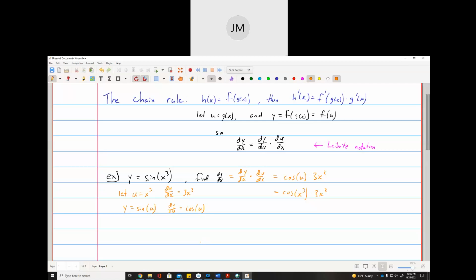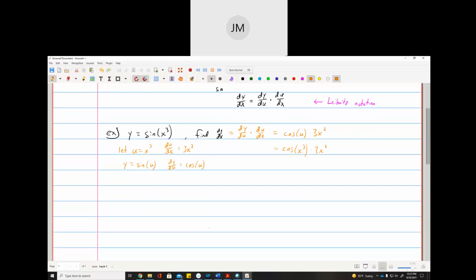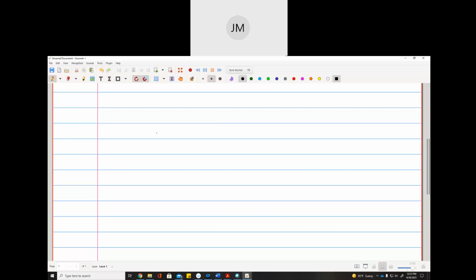All right. So now let's start section 3.8 on implicit differentiation.